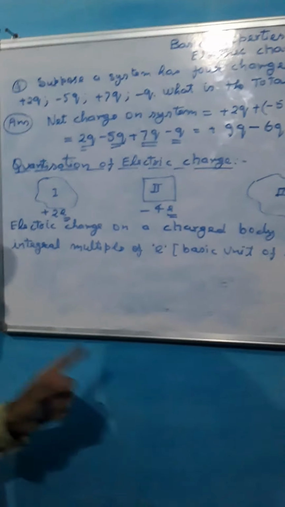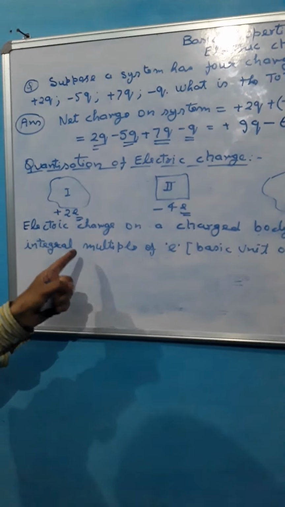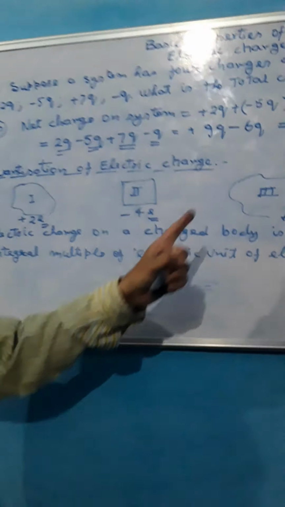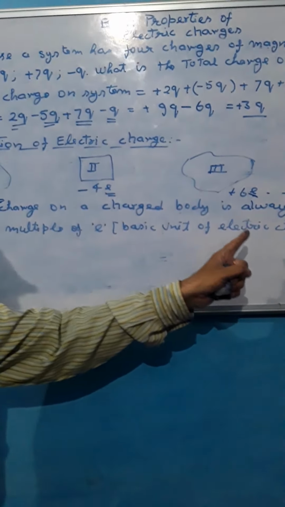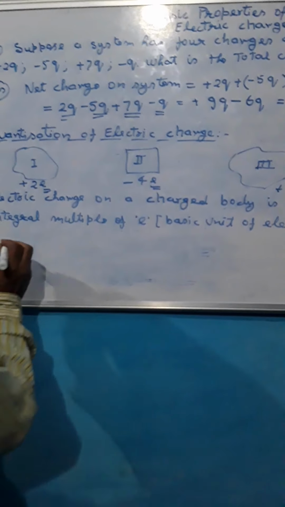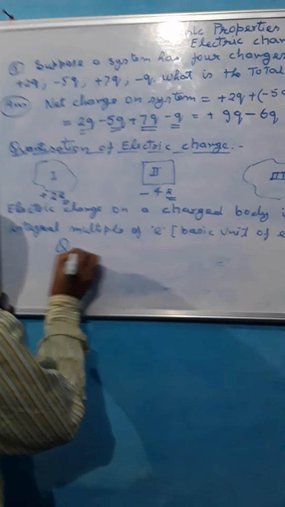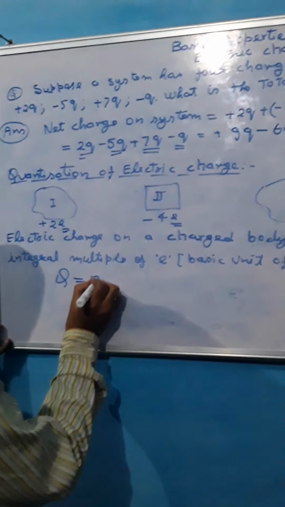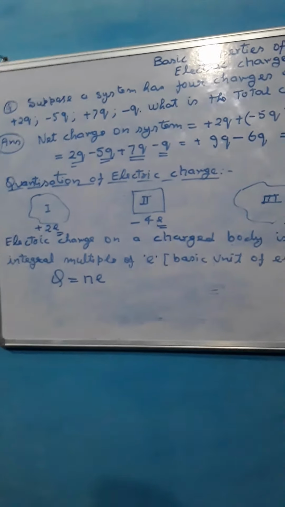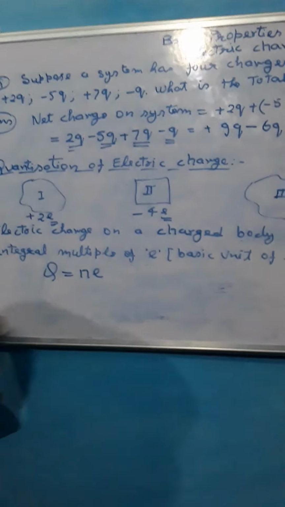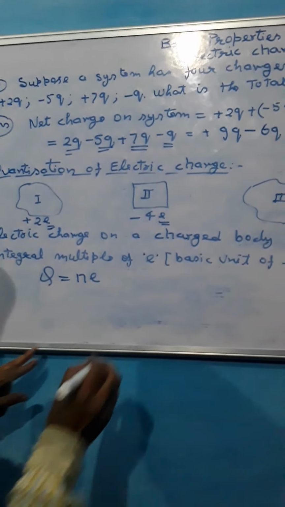So I can say quantization of charge states that electric charge on a charged body is always an integral multiple of e, that is the basic unit of electric charge. So I can write down electric charge on a body. This is the formula, Q is equal to ne. Mathematically you can express the quantization of charge, where n is any integer.